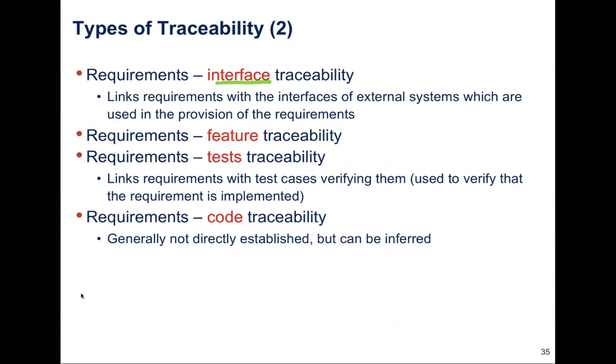Feature traceability is a strategy in which you trace the features of the requirements, and maybe there are changes across different versions. Test traceability is a technique or approach in which you link requirements with test cases. Those test cases are verified and later on will be used and implemented along with the requirements.